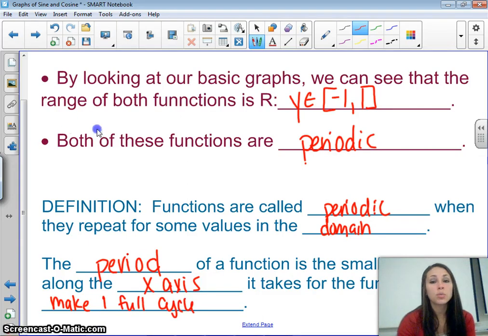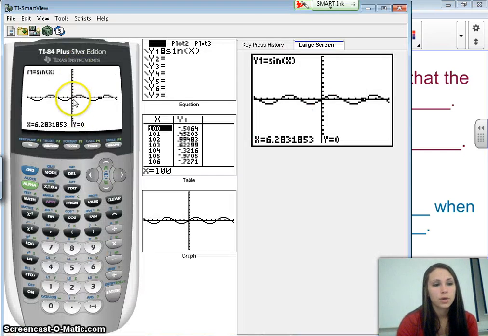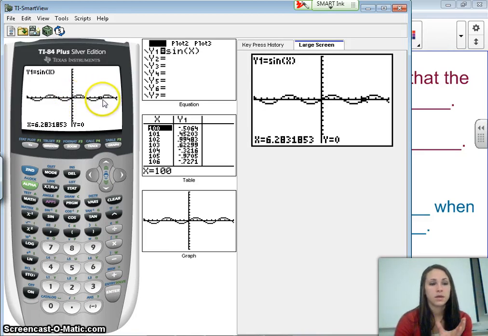Okay, so the normal period, and we looked at this on the calculator too, one full cycle is going up and then down and then hitting the x-axis again. So it's got to make a mountain, then a valley, and then when it starts repeating that, that's one period. So at this point right here at 2 pi, that's what we trace.